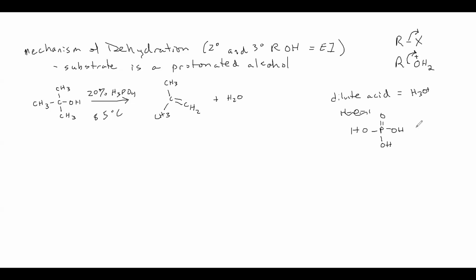Right, so you put phosphoric acid in water, that water will accept a proton right away to form hydronium. And so that's what we want to use when we write our mechanism. Okay, so proton transfers are very fast. So this first process where we protonate this alcohol is going to be a fast process.